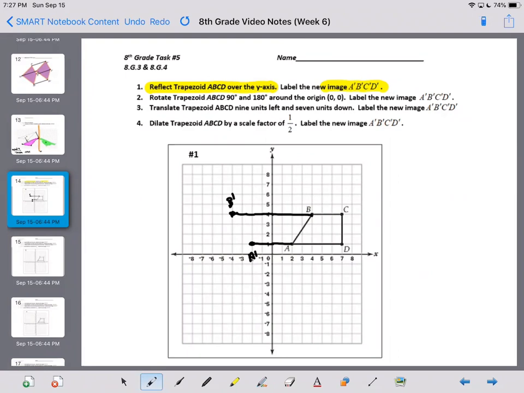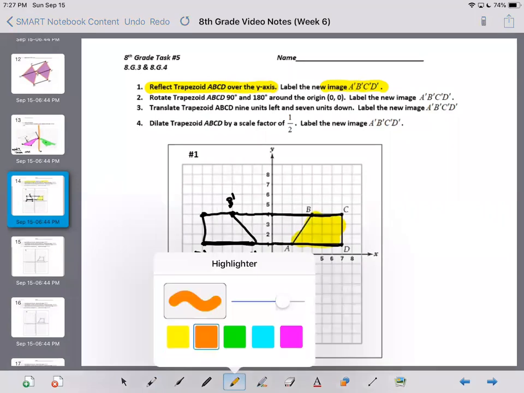And so D, notice D is going to be 7 units to the right. So I need to go 7 units to the right here. And so that's going to be D prime. And then C is also 7 units to the right, so it needs to be 7 units to the right here. So what we have here is your original, or your pre-image.